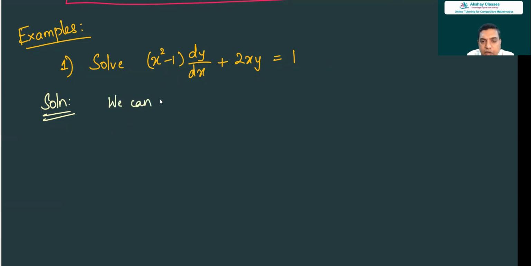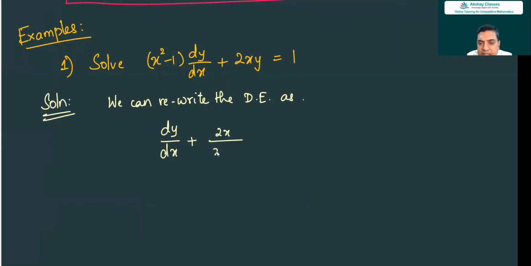we can rewrite the differential equation as dy/dx plus, dividing throughout by x² − 1, you get 2x/(x² − 1) times y is equal to 1/(x² − 1).